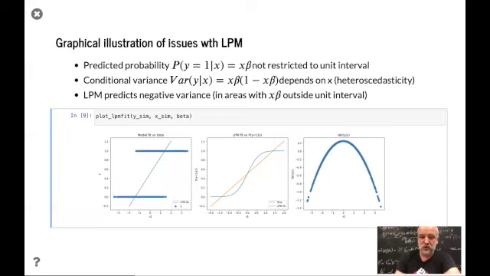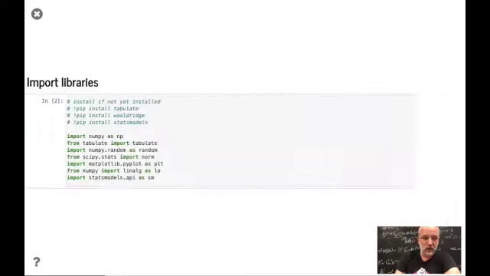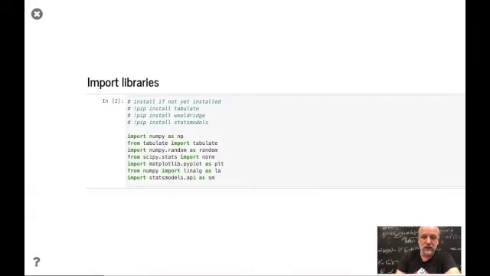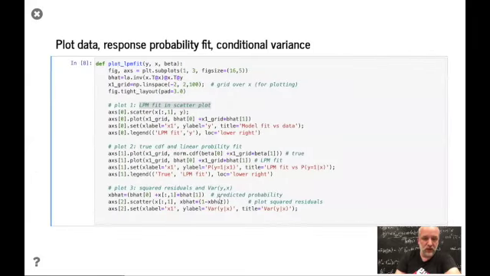Then the last thing I want to allude to here is our plotting of the conditional variance. You know, the formula we had right down here. This is the conditional variance I'm plotting. Where do we have that? So I put that in as a last plot here. So you basically have x beta times 1 minus x beta, and then I plot that against x.